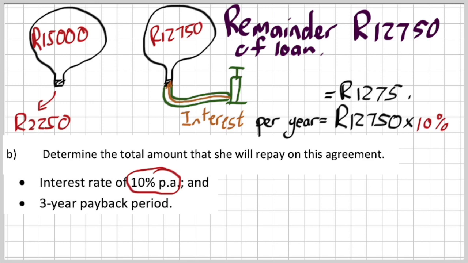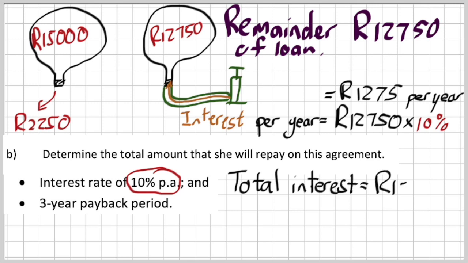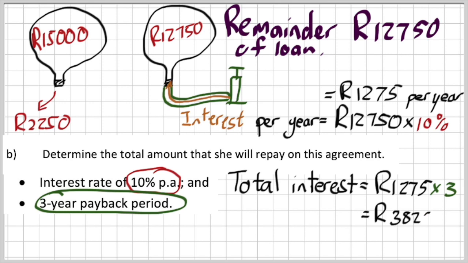And this is going to mean that every year they're basically going to pump that amount of air into the balloon. But for how much? In total, they are going to pump 3 years worth of air into that balloon.